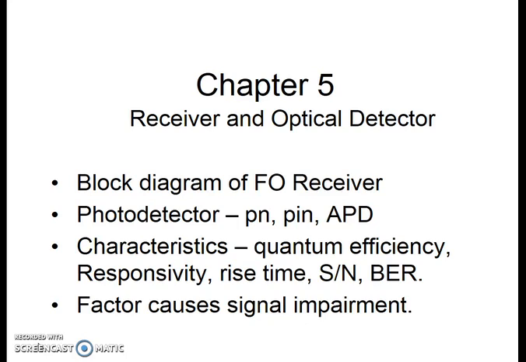Characteristic number 1, quantum efficiency: what is the definition of quantum efficiency and the formula for it? Characteristic number 2 is responsivity: what is the definition and the formula? Rise time, and then signal to noise ratio and bit error rate.